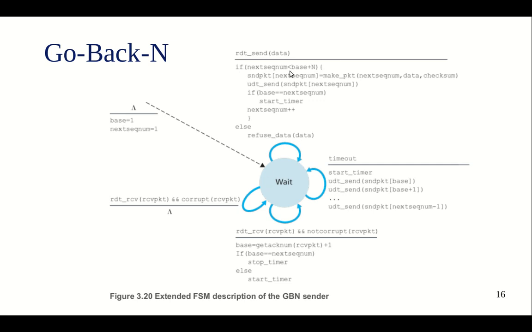If it lies within the window, then we make a packet and store it in the buffer. Then we send that packet, and if no packets had been sent so far, if base was equal to next sequence number, we can start the timer, and increment the next sequence number.